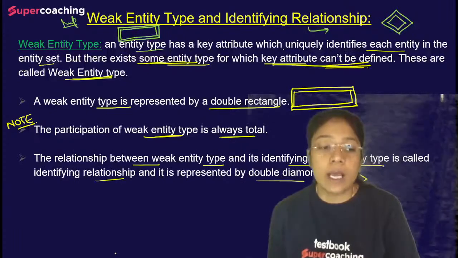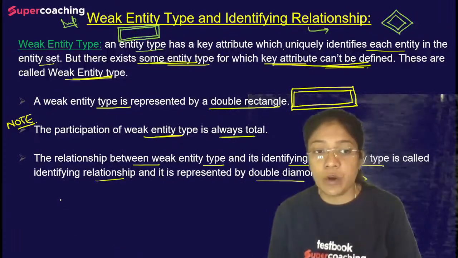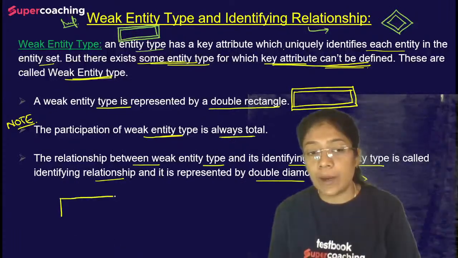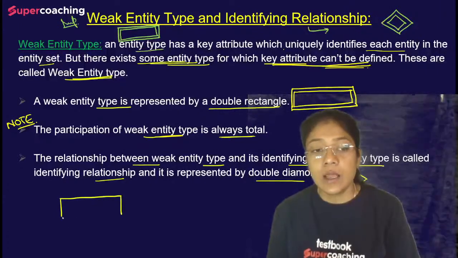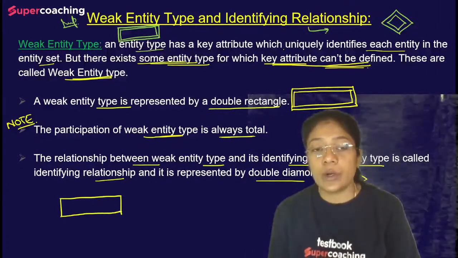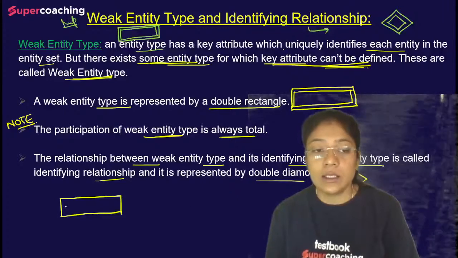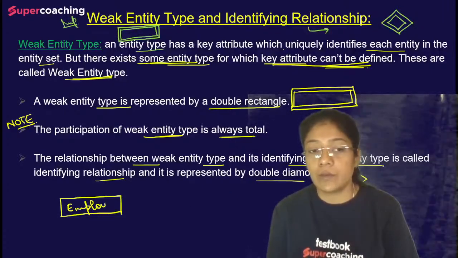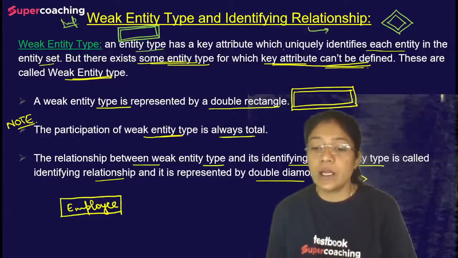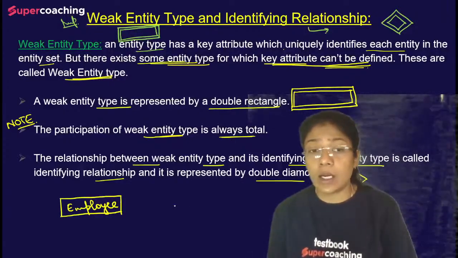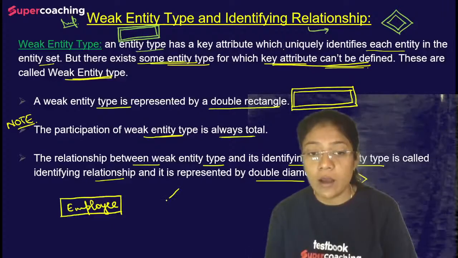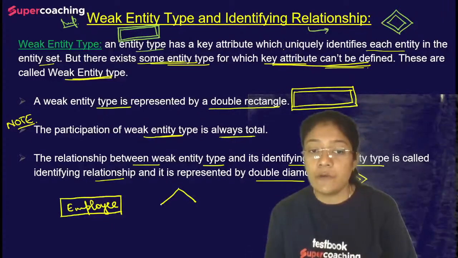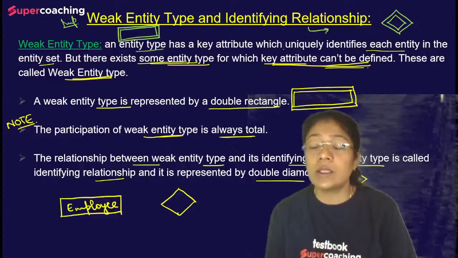Like in some organization, there are few employees and they do have the dependents. Dependent means their children. Okay, and this is the employee relation. Now, employee is having the existence in the organization, and there are few employees, those who are having the kids.